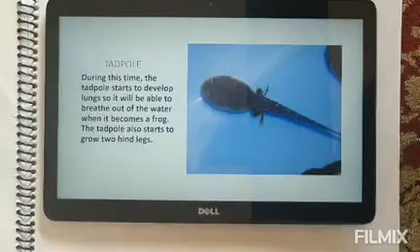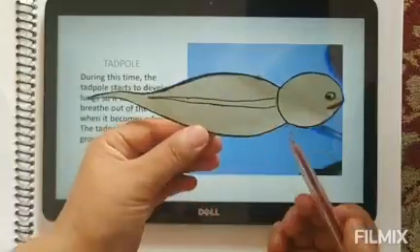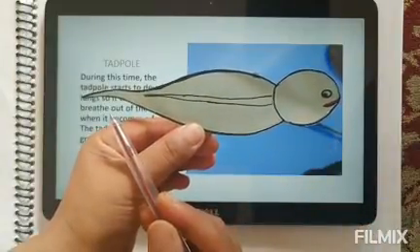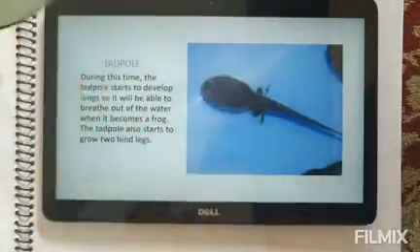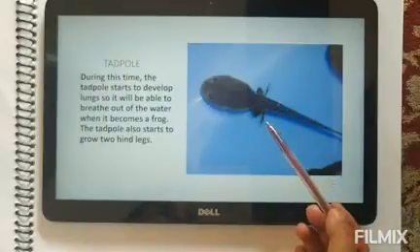Oh, what is this? Now, this is very interesting, children, because in the life cycle of a frog, there are many changes that take place. Okay, so remember the tadpole. The tadpole has a head, a body, and a tail. But something really interesting happens. Can you see these two legs?